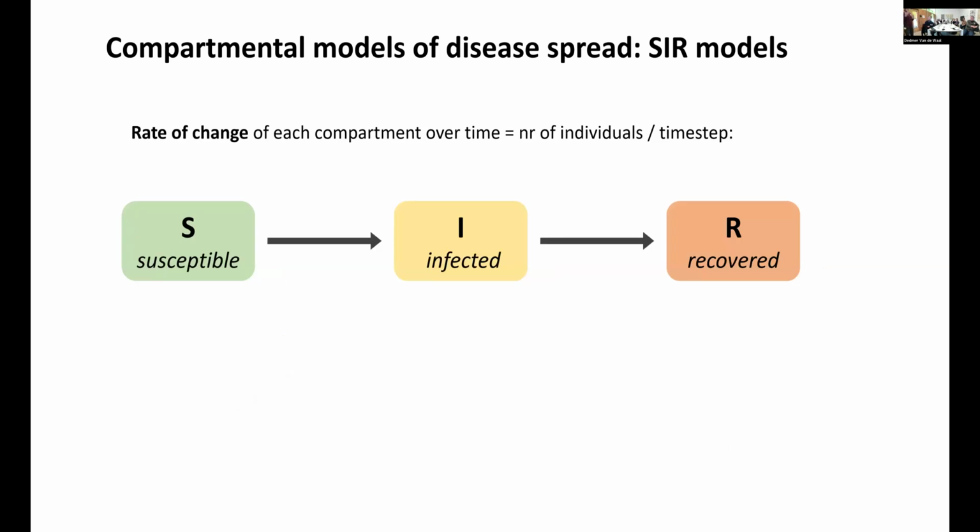What this model does really nicely is allow us to calculate the rate of change in each compartment over time. In the end, we get numbers of individuals per time step. So not only can you say how many are in which compartment at some point in time, but also how fast individuals or hosts move through these compartments.